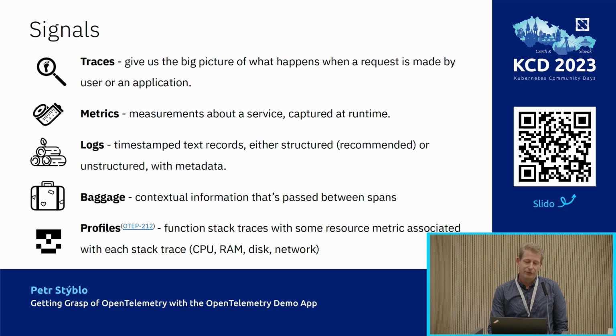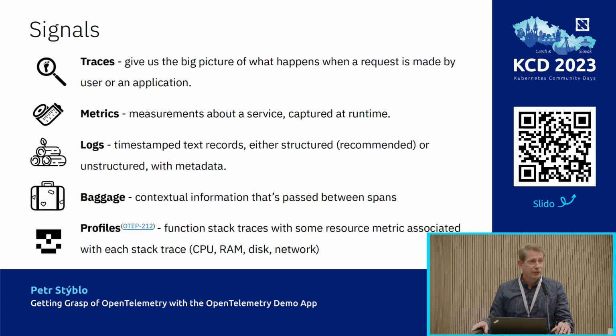OpenTelemetry works with a few signals. Those are the dimensions that telemetry works with. Let me just summarize those. Traces are the big picture of what happens between services and what the latencies between services are.